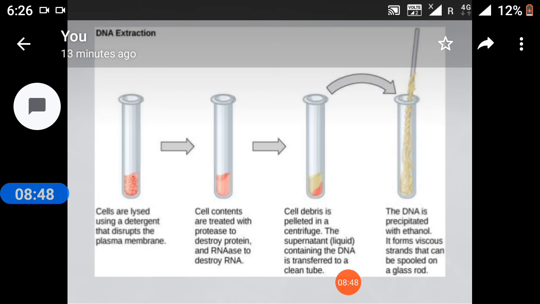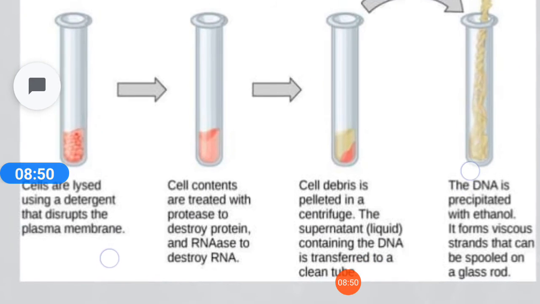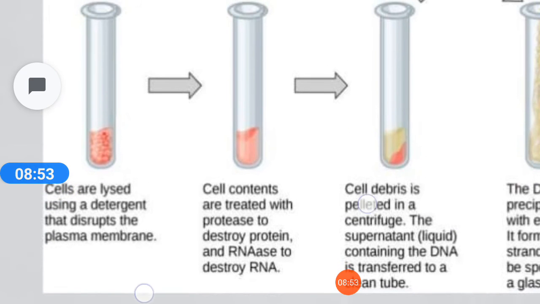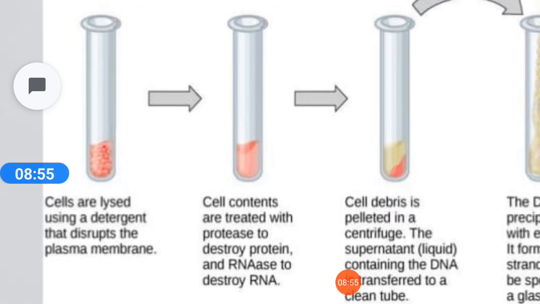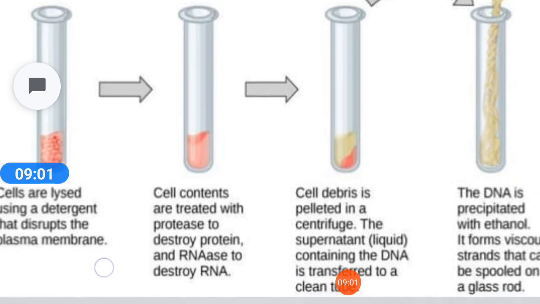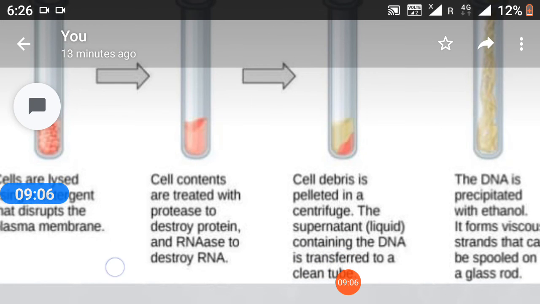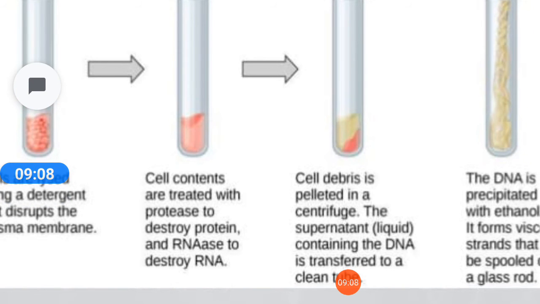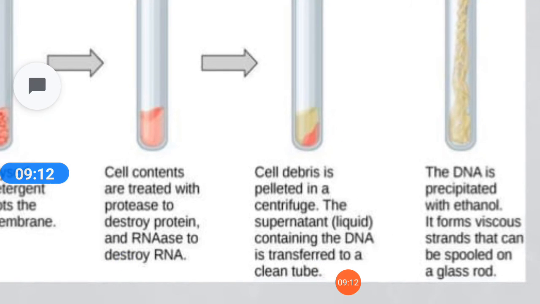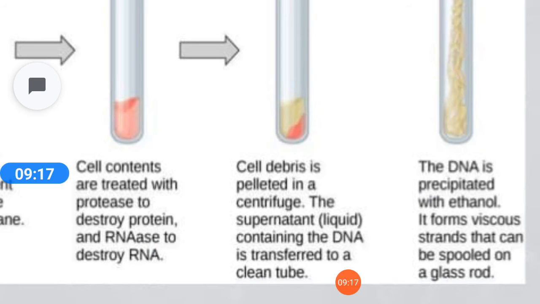Procedures of DNA extraction are seen in these slides. Firstly, cells are lysed using detergents that disrupt the plasma membrane, and cell contents are treated with protease to destroy proteins and RNase to destroy RNA. Next, cell debris is pelleted in a centrifuge.